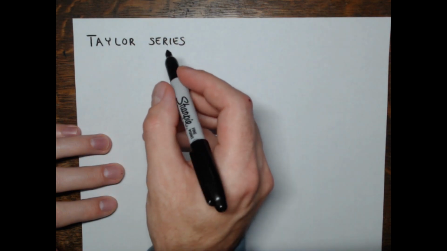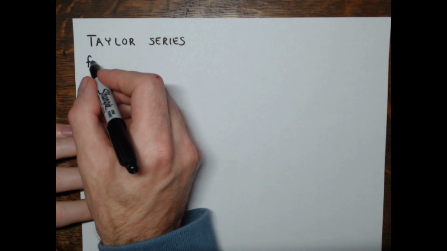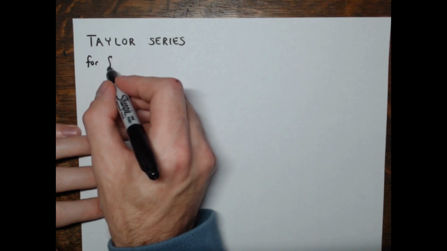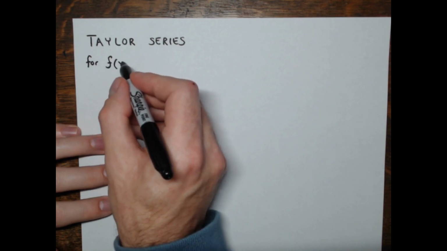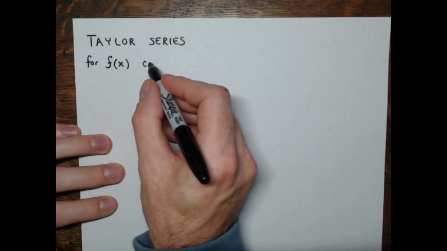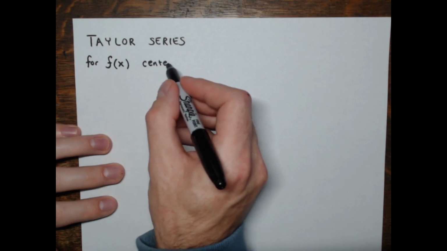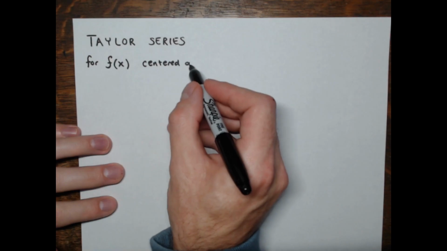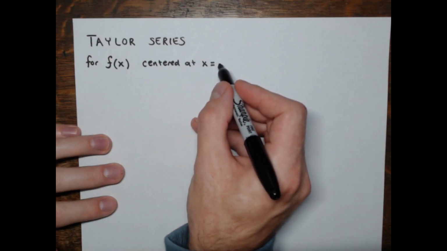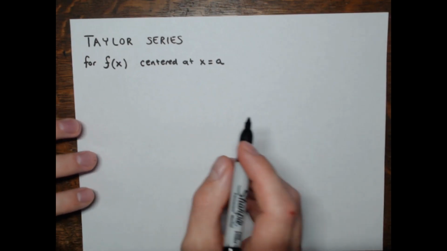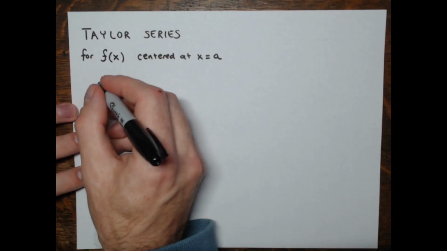So remember, a Taylor series representing some function, say f of x, and centered at x equals a, was the following.